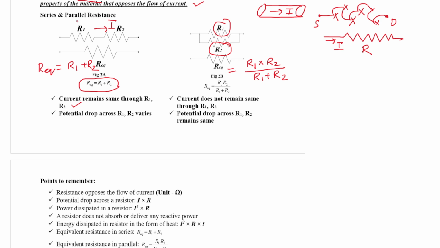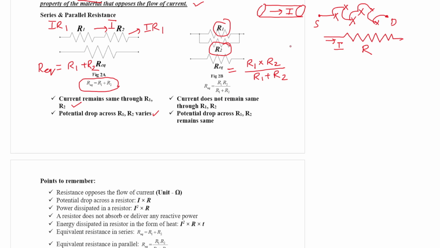So the potential drop across R1 is I R1, and the potential drop across R2 should be I R2. If R1 and R2 are not equal, then the potential drops across R1 and R2 are not the same. So that is why the potential drop across R1 and R2 always varies.